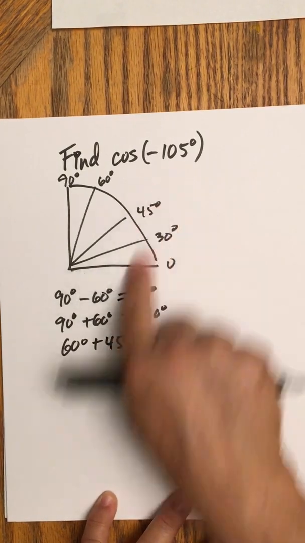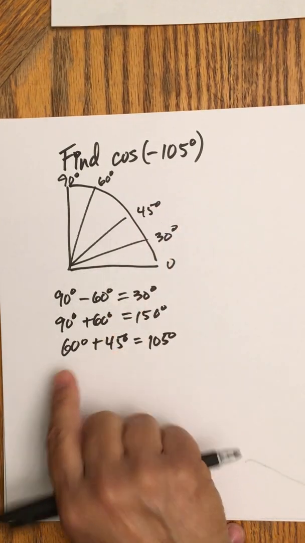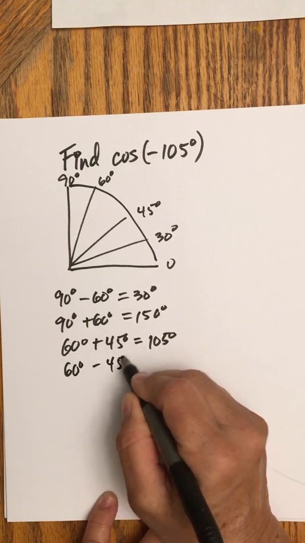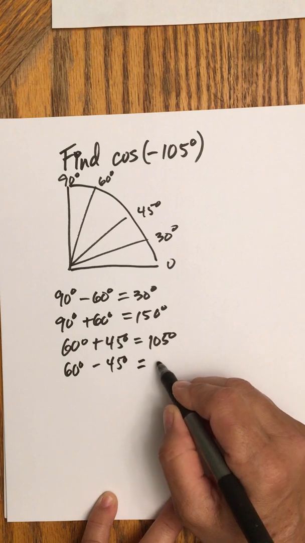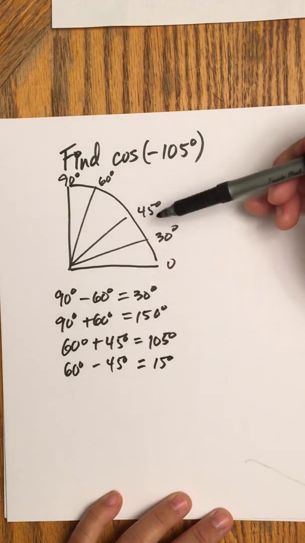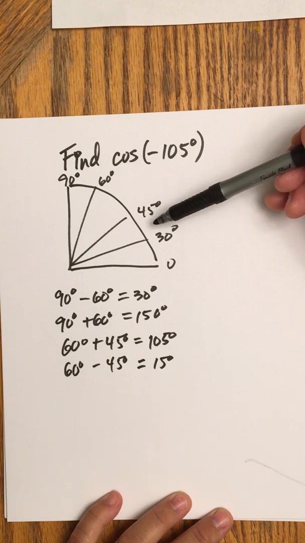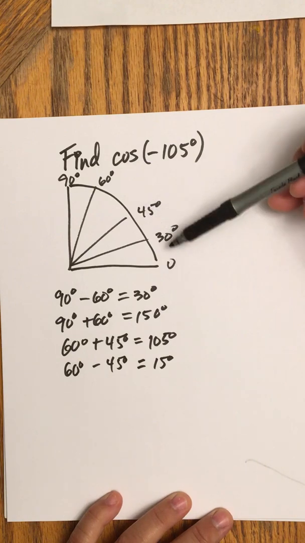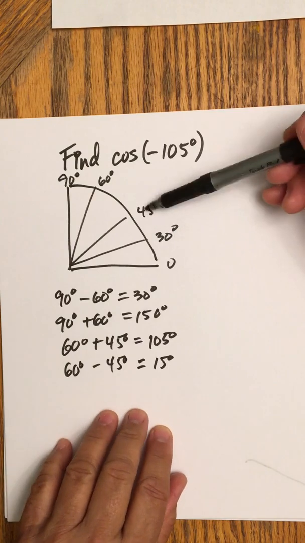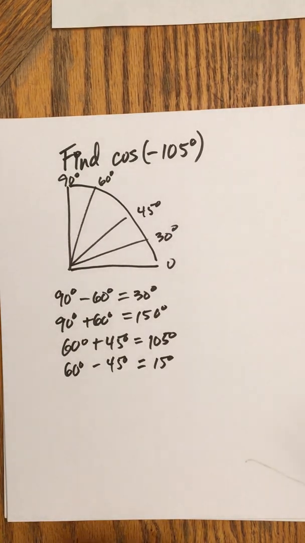That looks like what we want, but we want them both to be negative. But I just want to go through it and show you, like if I did 60 degrees minus 45 degrees, I'd get 15 degrees. And so on and so forth. Then I can look at the difference between 45 and 30, which also would give me 15. Or I could add them and get 75, and so on and so forth.